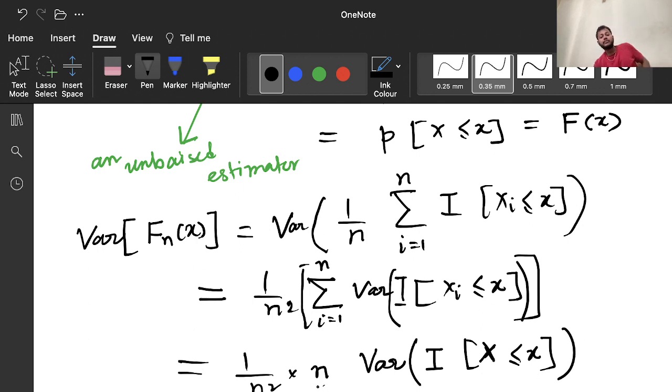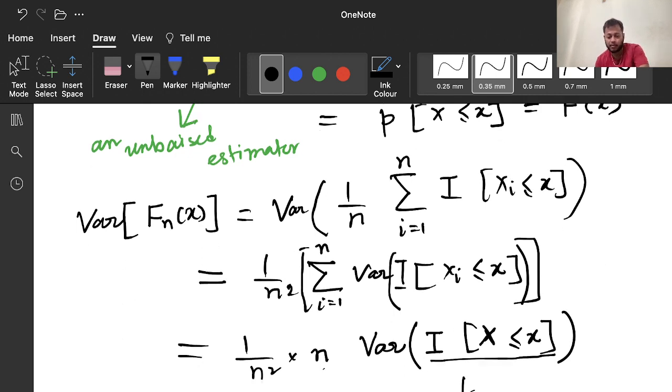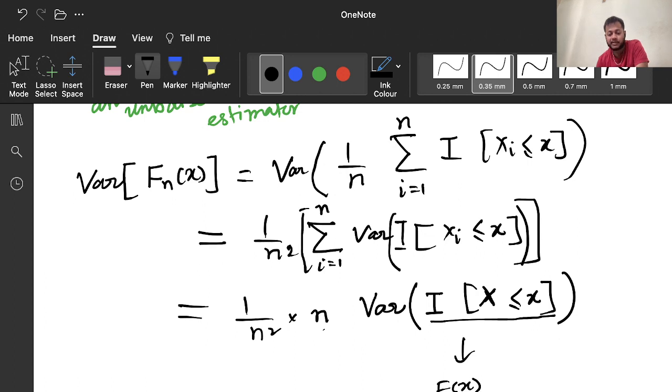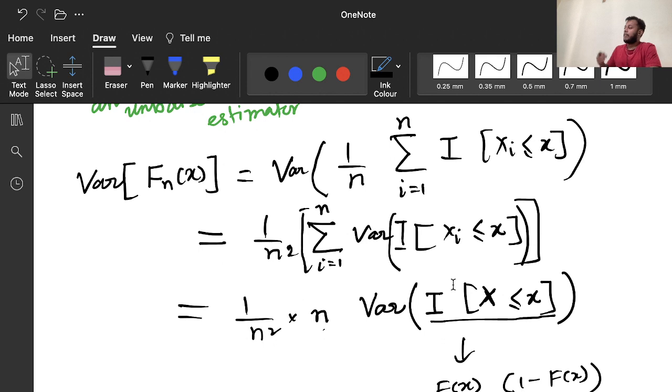And the variance of this, you see, what will be the probability that it will occur, that probability will be F(x), and what is the probability that these things will not occur, that is 1 minus F(x). So you can think of this as a kind of coin toss experiment where the probability of getting head, or getting 1, is F(x) and getting 0 is 1 minus F(x).